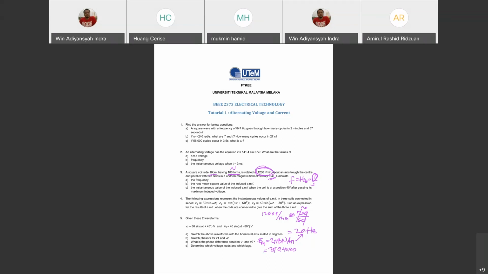A now, how do you find A? If it's a square, this side is 10. A is area. Area is 10 times 10, right?